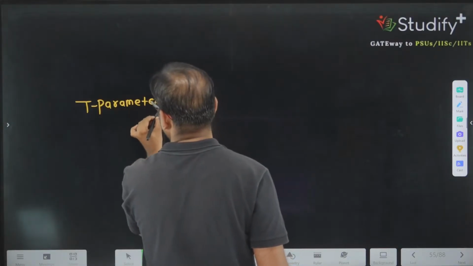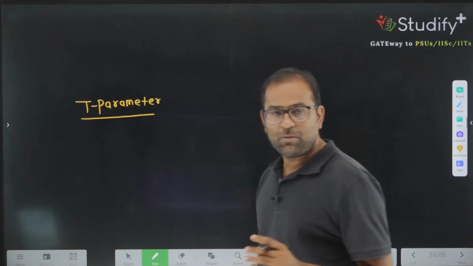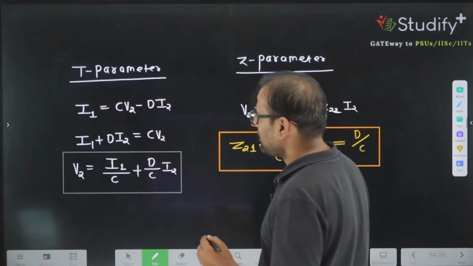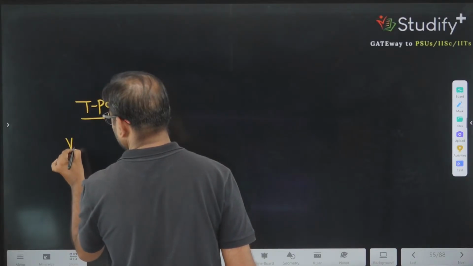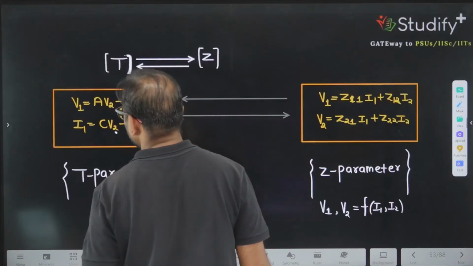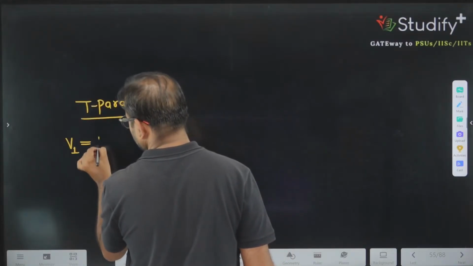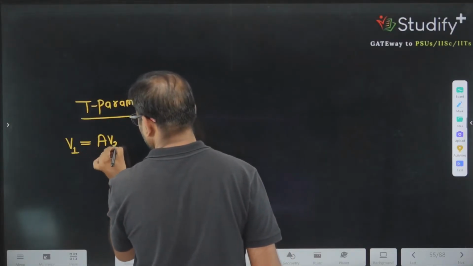From the T parameter, what is the equation? V1 equal to AV2 minus BI2.